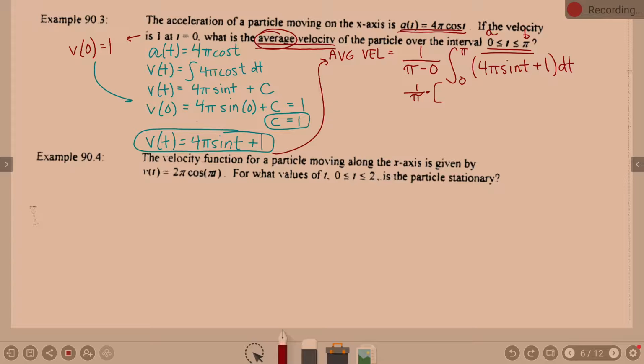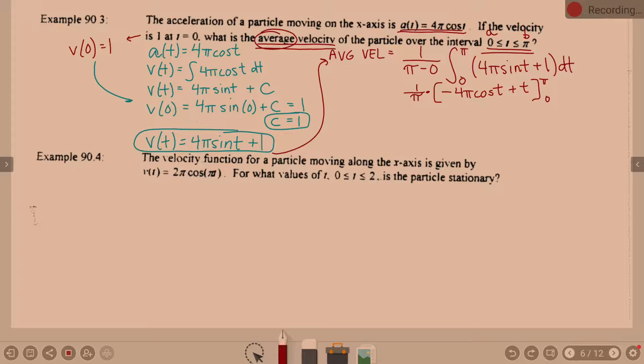So, okay, what is the integral of 4 pi sine t? Or what's the integral of sine t? Negative cosine t. So if we put the 4 pi, it's negative 4 pi cosine t, plus, what's the integral of 1? I'm going to say t in this set, evaluated from 0 to pi. Always remember the integral of a 1 is the variable.